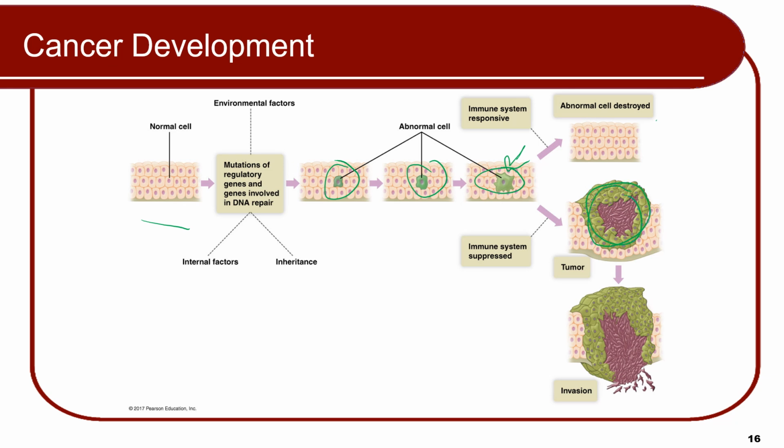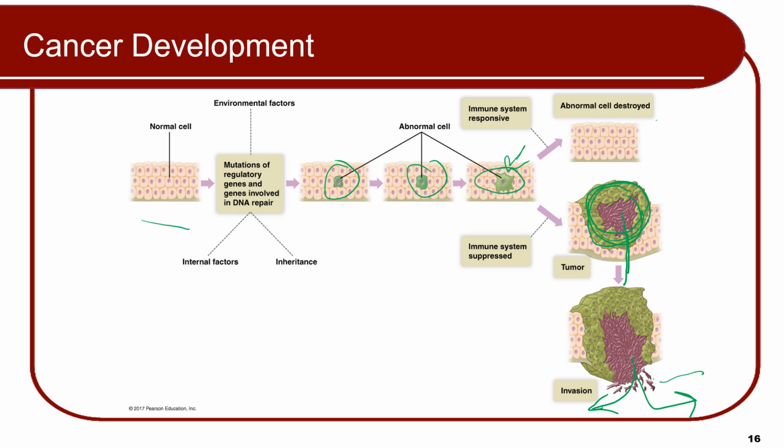And then an additional change occurs that these cells are able to break out of that original encapsulated tumor and spread into other tissues. And this can also occur in the blood or in the lymphatic system, so they can establish secondary tumors at another site away from the original tumor.